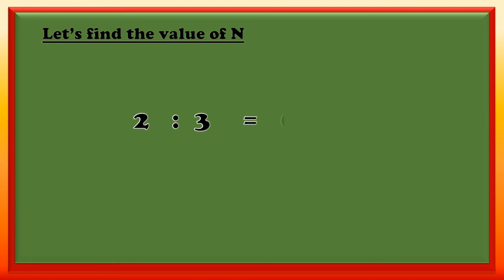So again, our proportion is 2:3 is equal to 6:n. If this is a direct proportion, then we will just use the rule: the product of the means is equal to the product of the extremes. The product of the means: we have 3 times 6 is equal to 18.